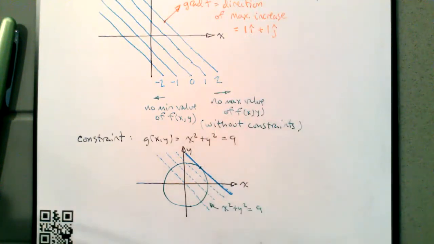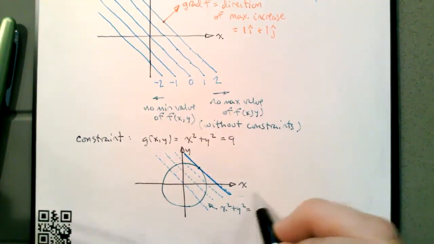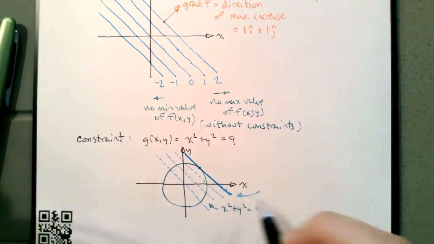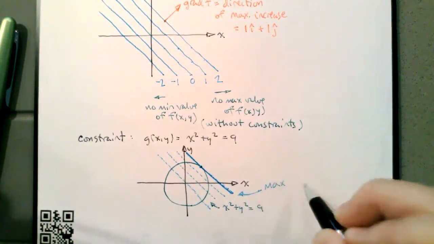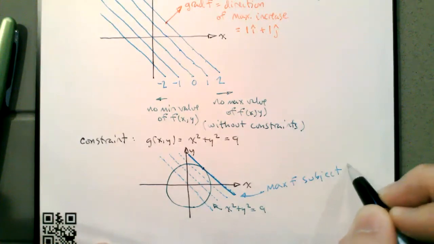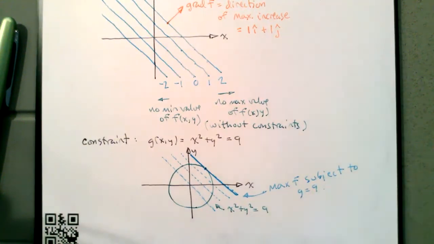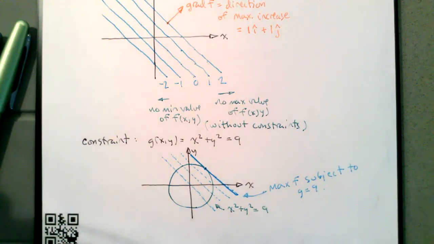Because once we get past this point, we are no longer going to have values on the plane also on the circle x squared plus y squared equals 9. So that's going to be the maximum value of f subject to the constraint g of x, y equals 9.